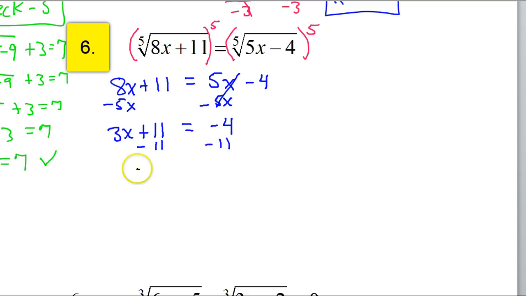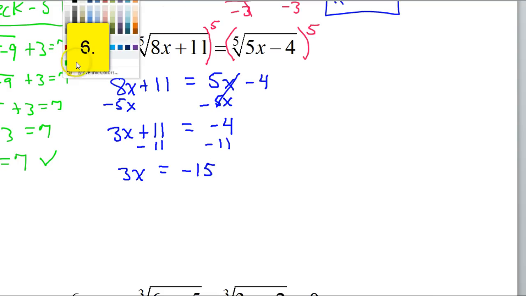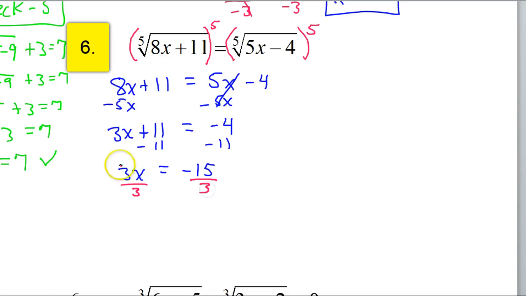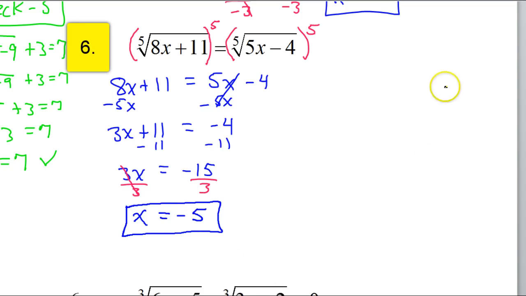Minus 11 on both sides, so that'll give me 3x is equal to negative 15, and then we'll just divide by 3. So that'll give us x equals negative 5. Okay, so that is possibly the solution, but we will not know until we check.